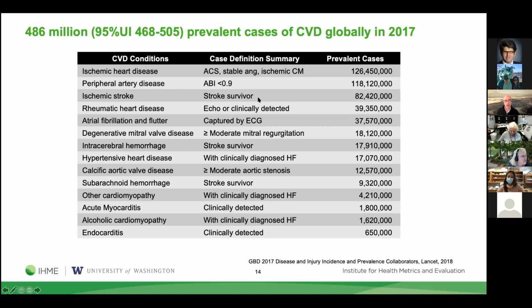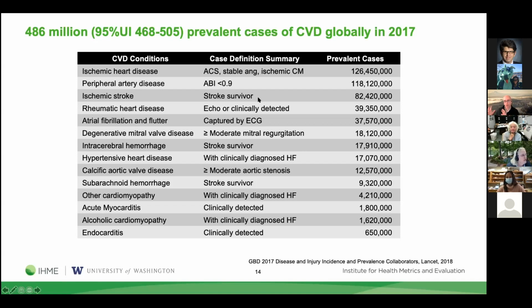You can see for ischemic heart disease or coronary heart disease, we look separately at acute coronary syndrome, stable angina, and ischemic cardiomyopathy or heart failure due to coronary disease. For peripheral arterial disease, we restrict our study to those where ABI, ankle brachial index, was measured and where it met the standard criteria for peripheral arterial disease. And we do this for many conditions and then aggregate this.